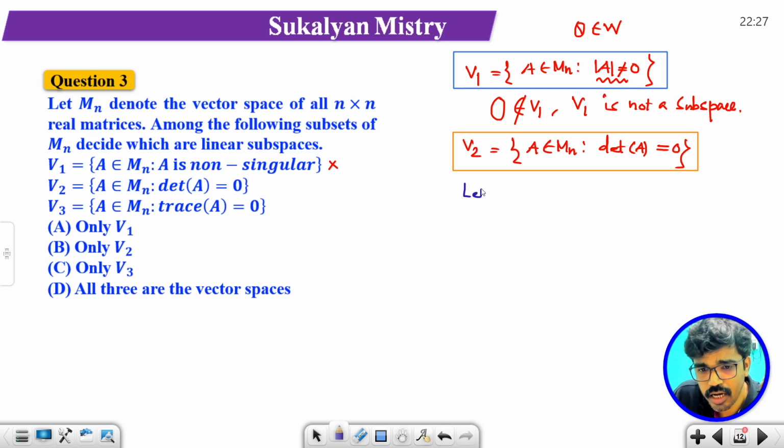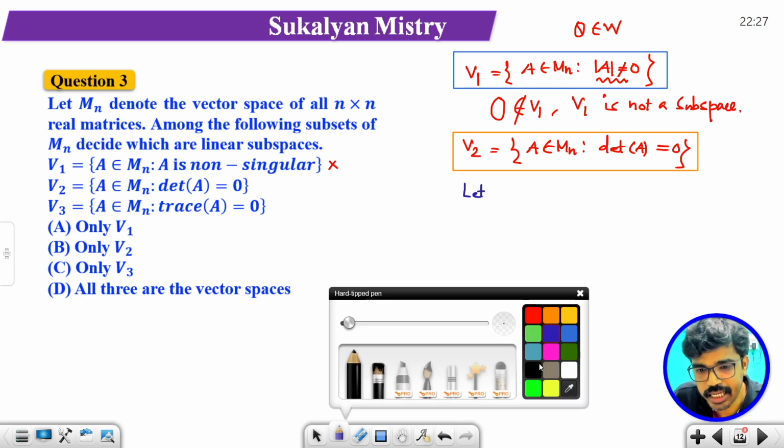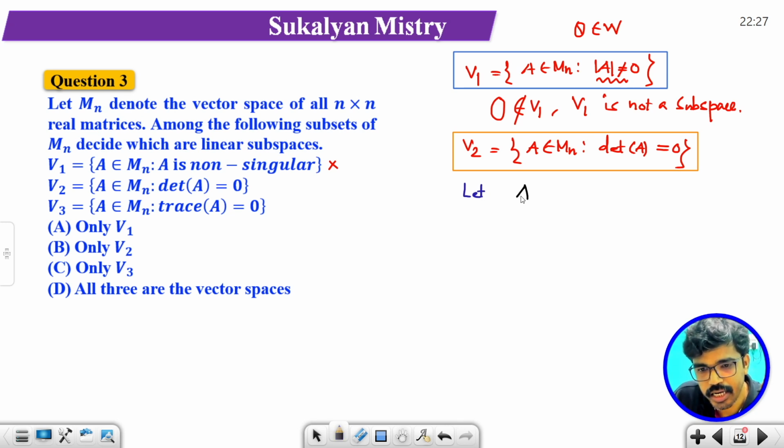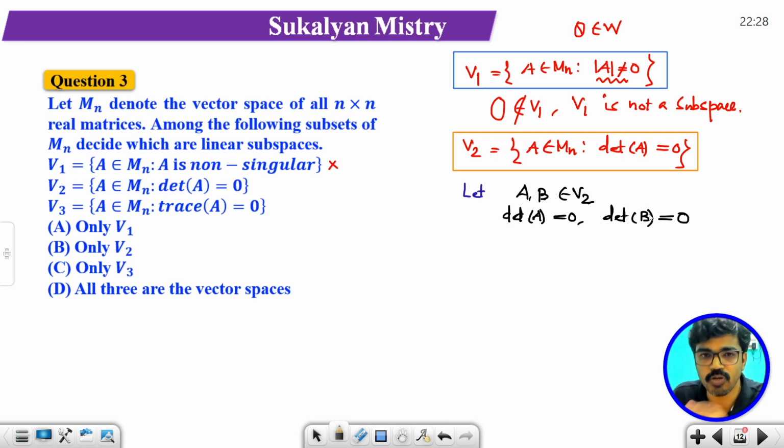Suppose we consider two matrices, let A and B belong to V2. Then A is an element of v2, that is determinant of A is equal to 0, and B belongs to v2, that is determinant of B is equal to 0, right?